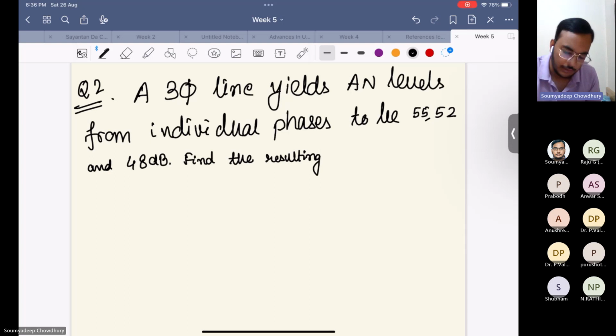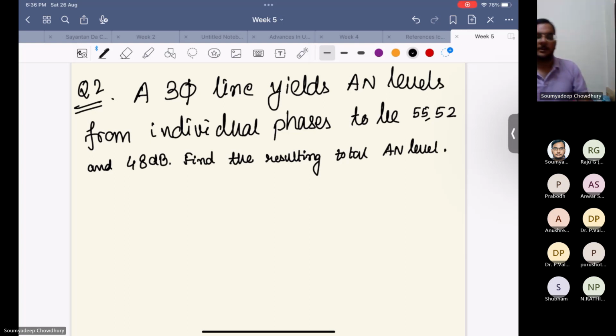Find the resulting total audible noise level. So anyone can try this question.